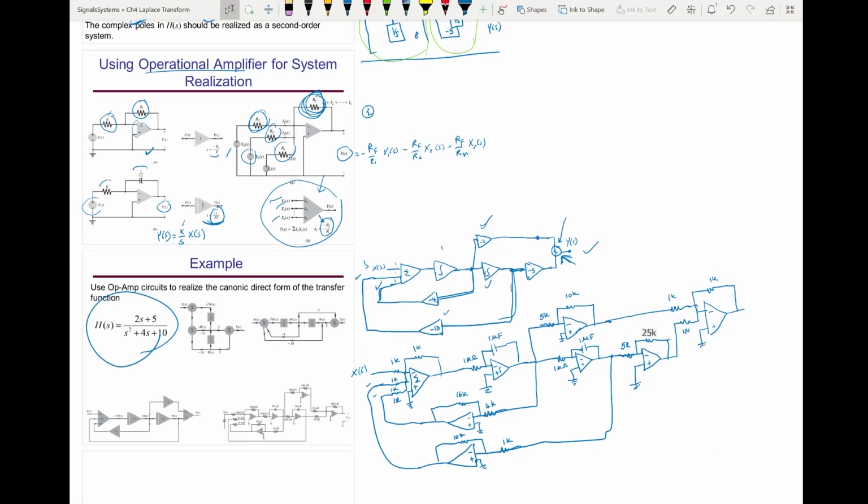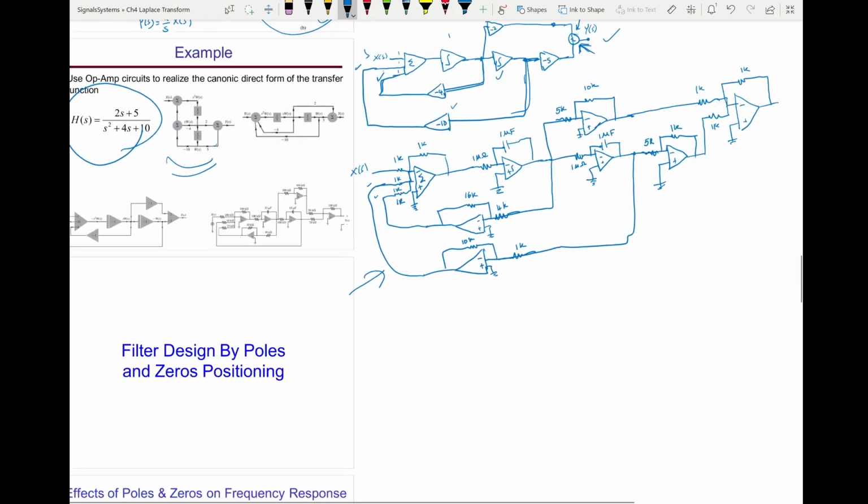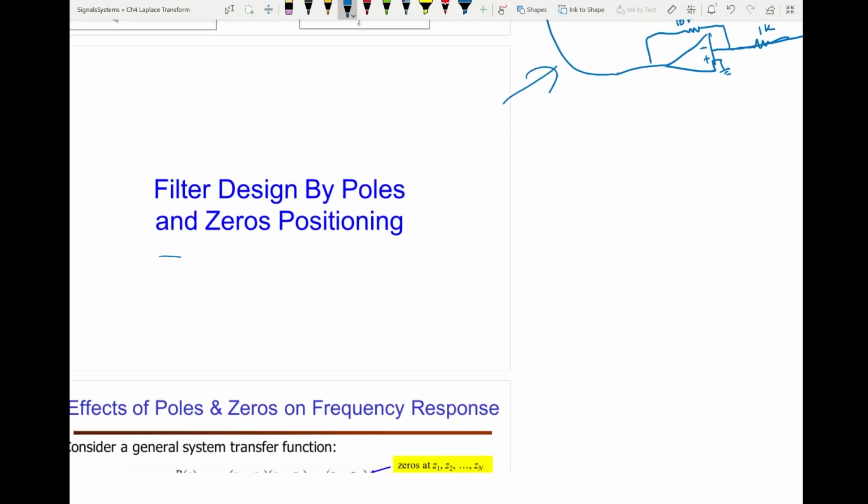Well, this is the end of system realization. First block realization, use canonical form 1 and 2 and the transpose, and then moving from a block realization to an actual circuit diagram.